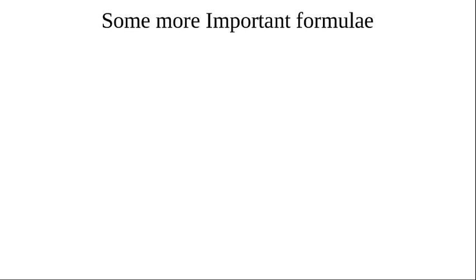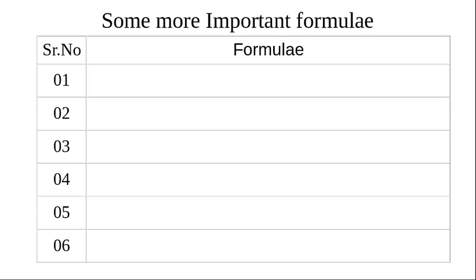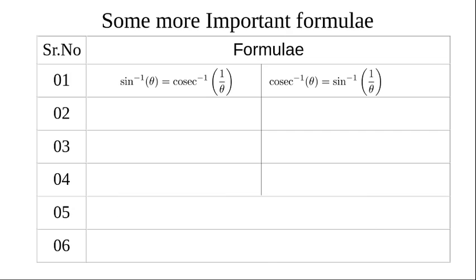Let us have some more important formulae. In fact, these formulae we are going to deal with once again in the next part on derivatives of inverse functions. Sin inverse of theta is cosec inverse of 1 by theta, and cosec inverse of theta is sin inverse of 1 by theta.